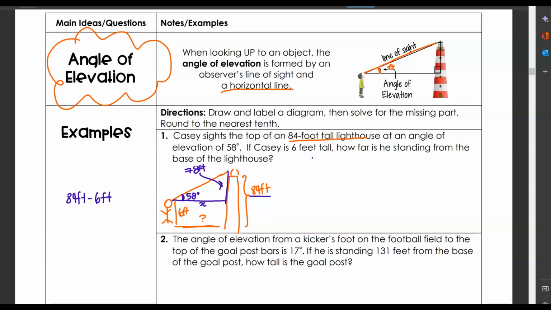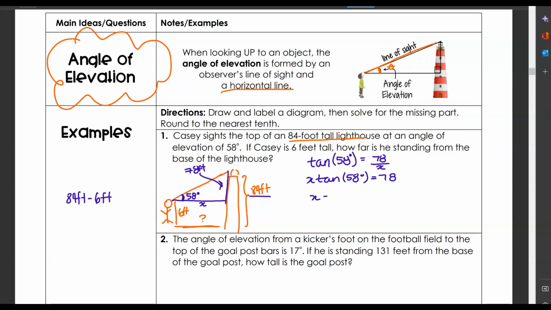So this tells me that the best trig function here is going to be tangent. So I'm going to take tangent of the angle of elevation, and that's going to be equal to 78 over x. Go ahead and multiply both sides by x. I get x times tangent of 58 degrees equals 78.